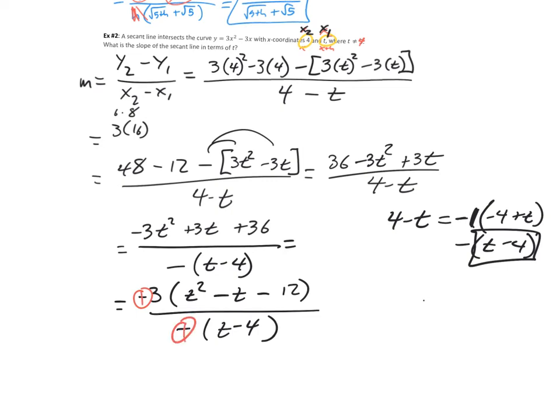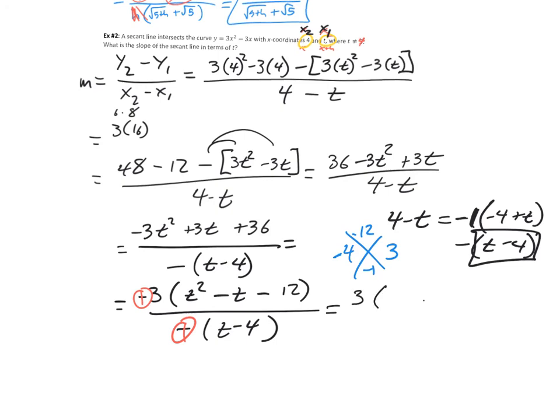Now, there's still more that I could do to simplify this because this trinomial right here can be factored. And I don't know what method you're used to factoring, but typically I use the star method. So what multiplies up to negative 12 and adds up to negative 1? It's going to be 4 and 3, but one of them has to be negative. I'm going to go with negative 4. So now if I rewrite this, I still have a positive 3 on top.